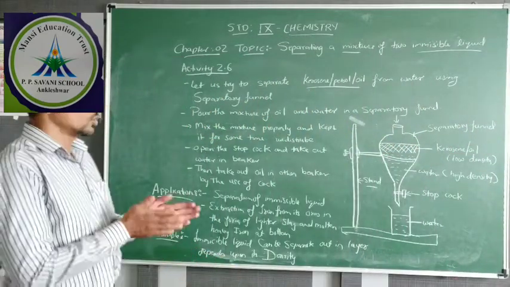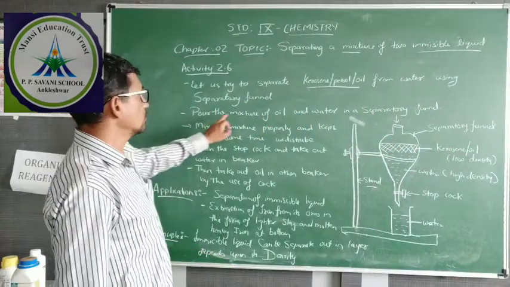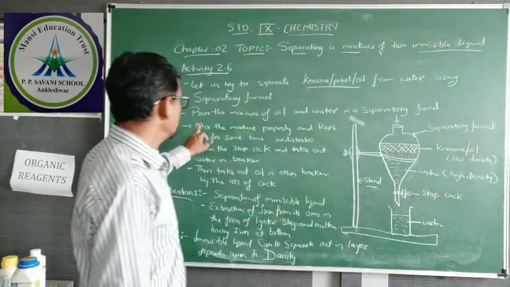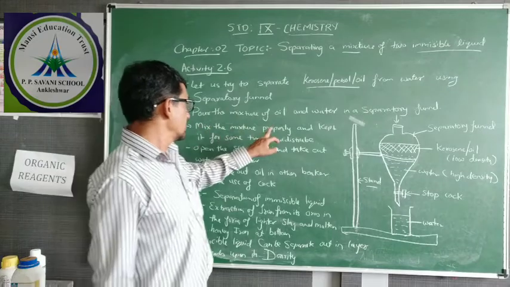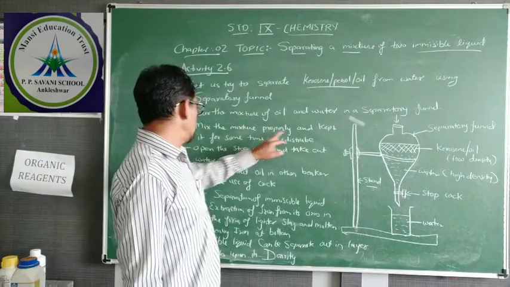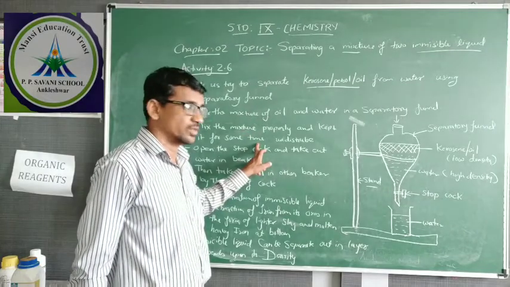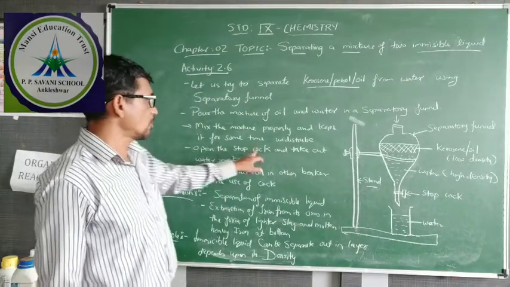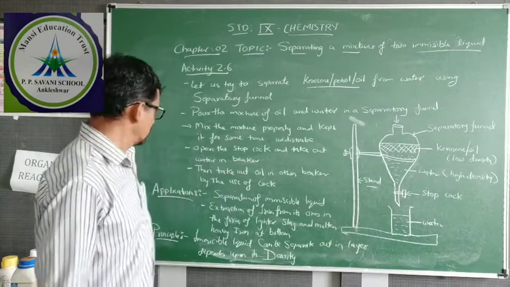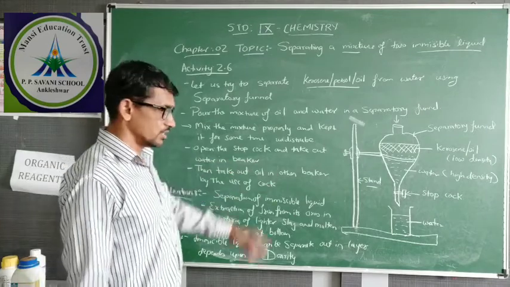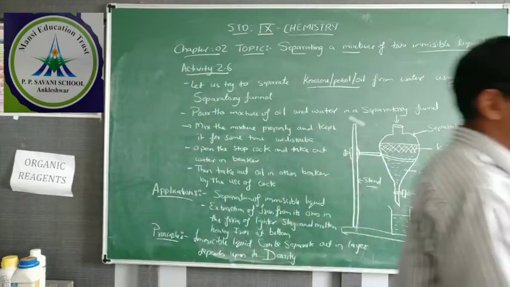So the steps: first, take the mixture of oil and water in a separatory funnel. Second, mix it properly and keep it for some time, undisturbed. Wait for it. Open the stop cork and collect the water in the beaker. Then take out the oil into another beaker.